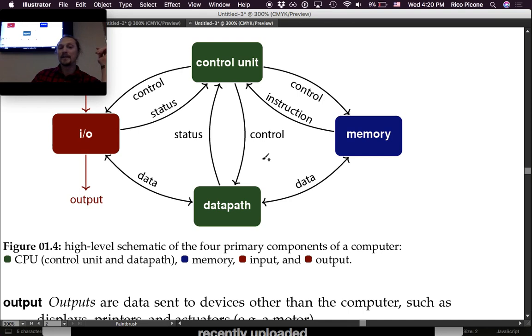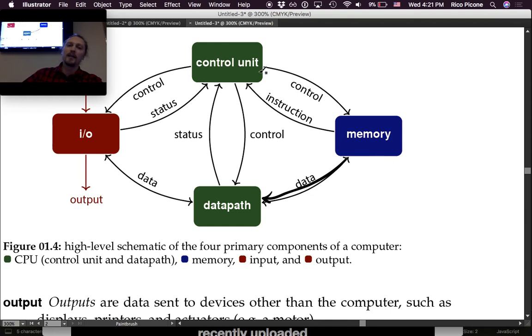Like for instance, if it says to add two numbers that are in these other two addresses in memory, then it's going to tell the data path to, for instance, take an ALU and pull data from memory and from maybe those two addresses.